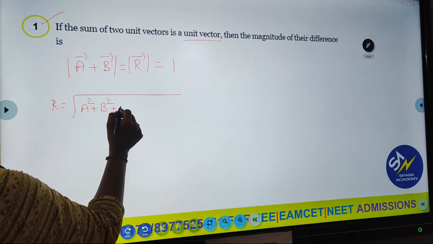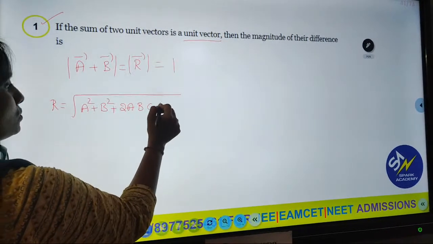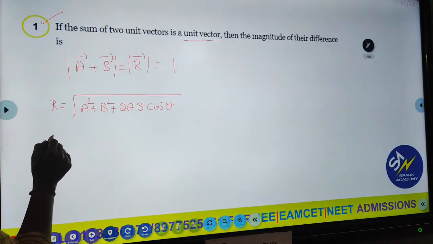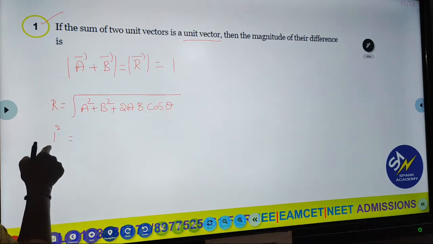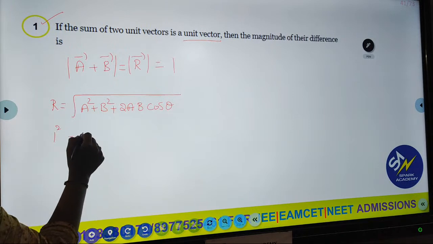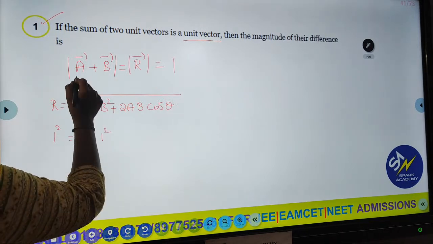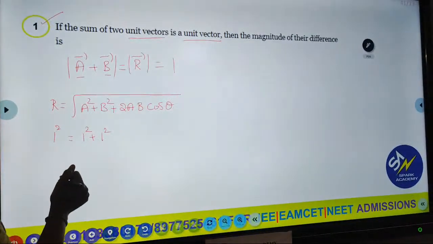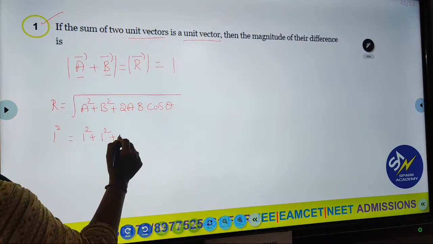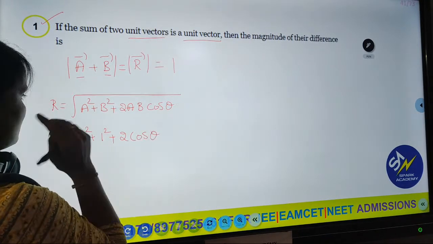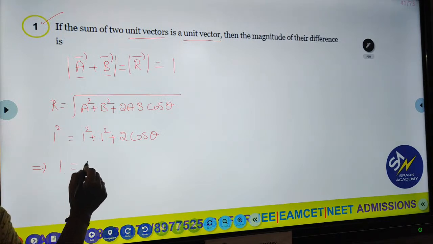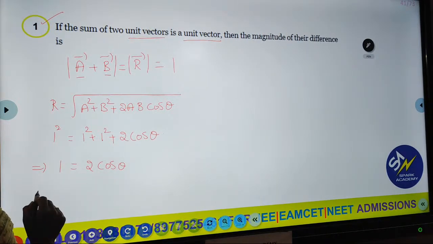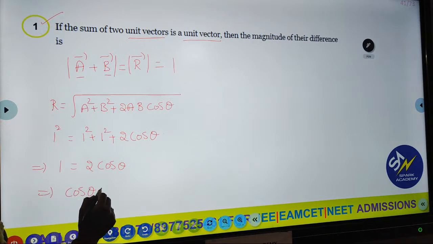So we substitute their magnitudes, 2AB cos theta. Let us take R square, so it will be 1 square, the root gets cancelled. On this side 1 square, because unit magnitude is 1, plus 2 cos theta. Then we can write 1 is equal to 2 cos theta, and this implies cos theta is equal to 1 by 2.